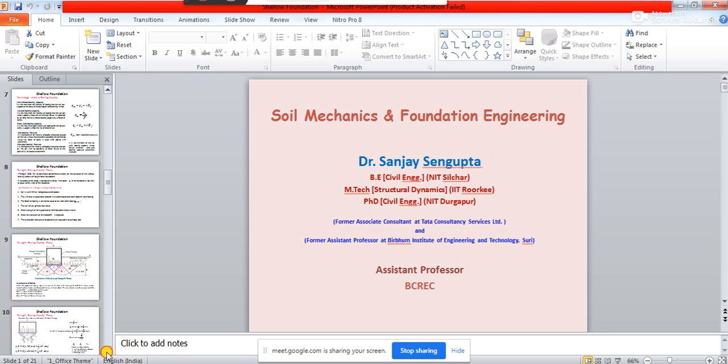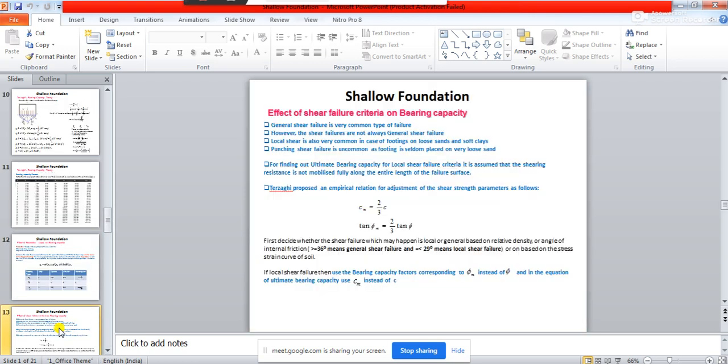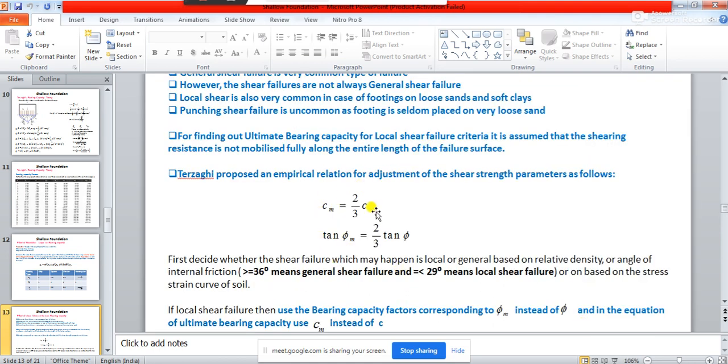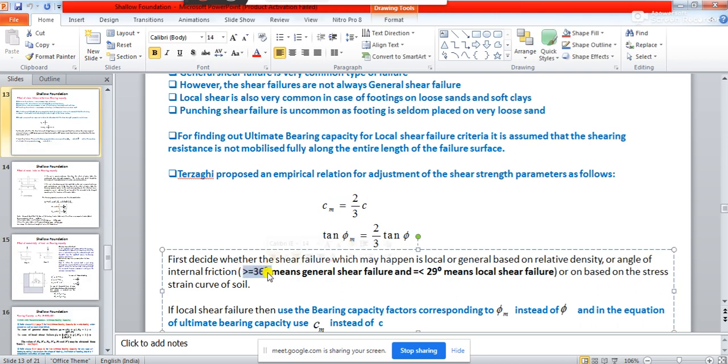While we discussed local shear and general shear, if you remember this slide, we said that an angle of internal friction greater than or equal to 36 degree generally means general shear failure, and less than 29 degree means local shear failure. If the angle of internal friction is between 29 and 36, there may be a mixed mode of failure, or we may assume a particular failure and then calculate the bearing capacity.